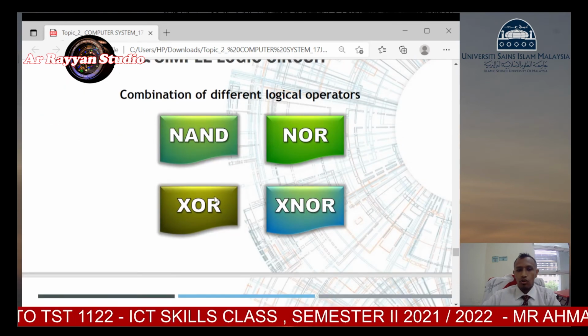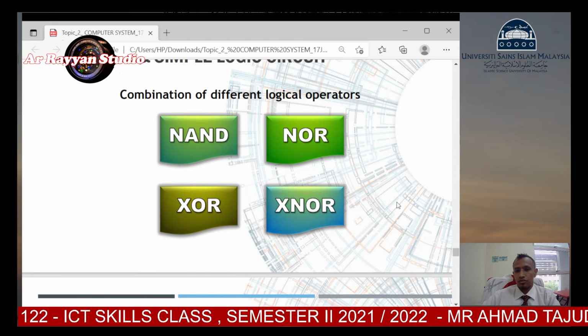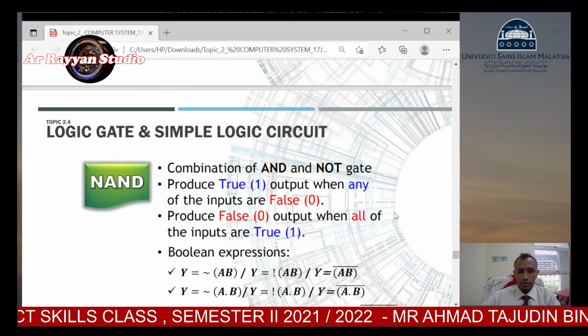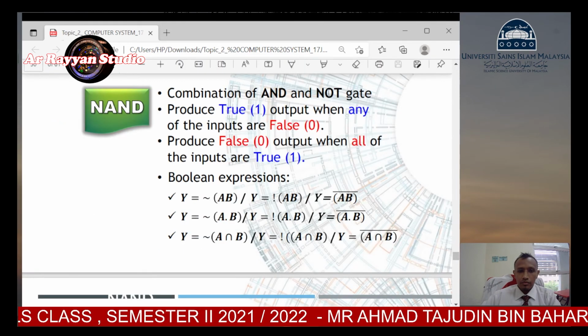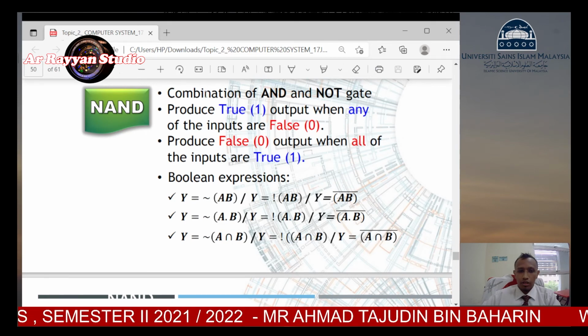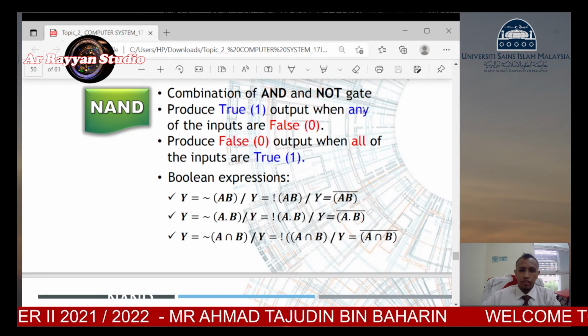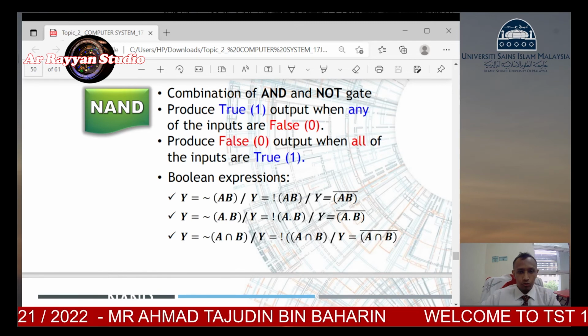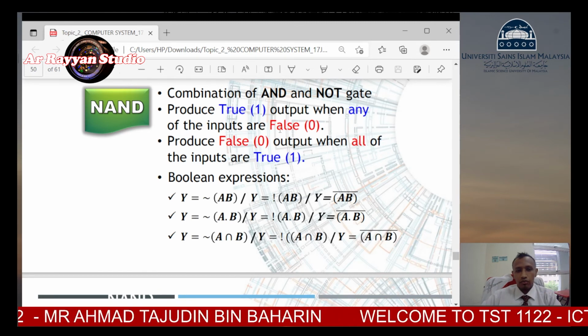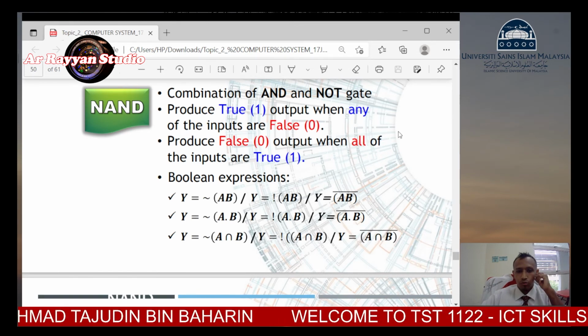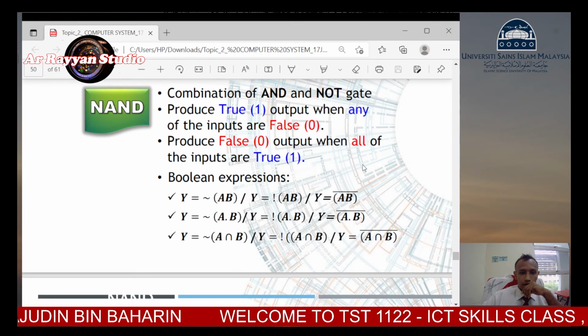NAND, NOR, XOR and XNOR. Alright. Look at here, this is an example of NAND, combination of AND and NOT gate. Produce true output when any of the input are false, produce false output when all input are true.